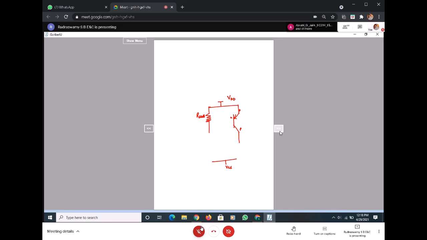VSS has two paths, one with respect to R substrate, and another is with respect to my N. This is what we have. And this is my NPN transistor, whereas this is my PNP transistor.